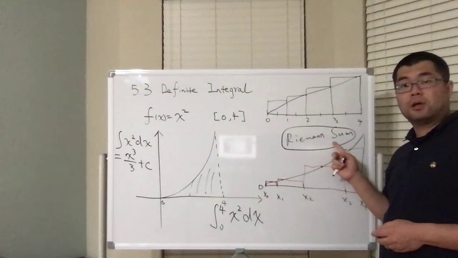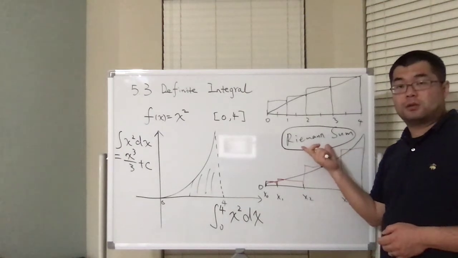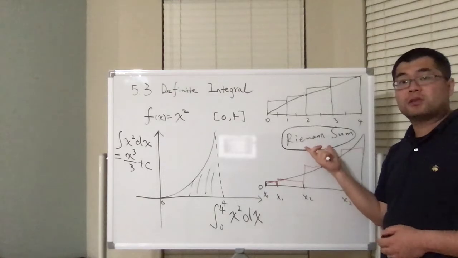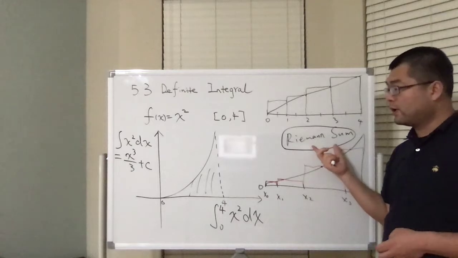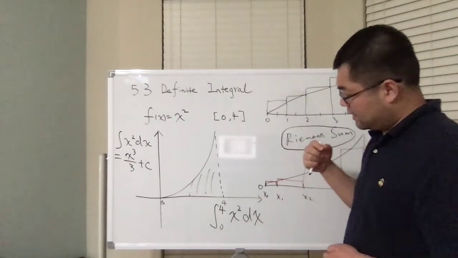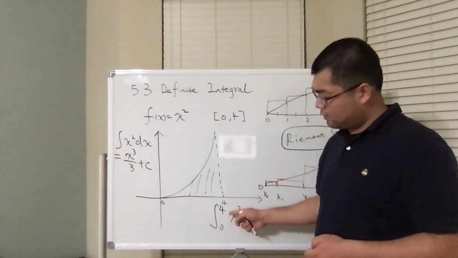This is what we call a Riemann sum. And if you take the limit of the Riemann sum, and that limit exists, this can be interpreted as one definite integral.